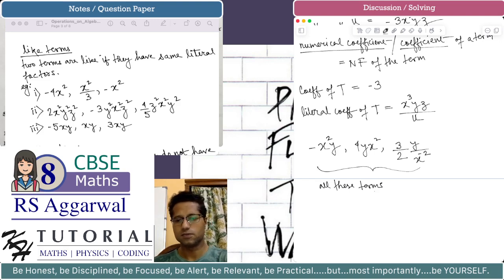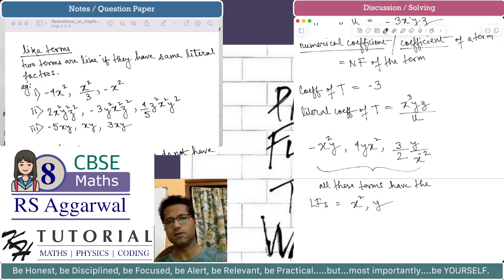So all these terms have the literal factors equal to x square and y. For x square y, its literal factors are x square and y. For 4y x square, its literal factors are also y and x square.